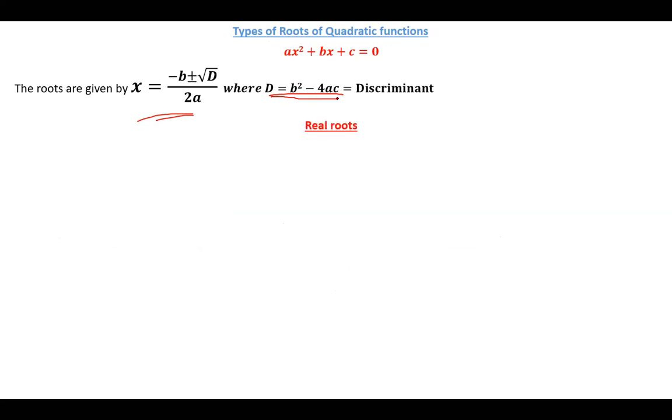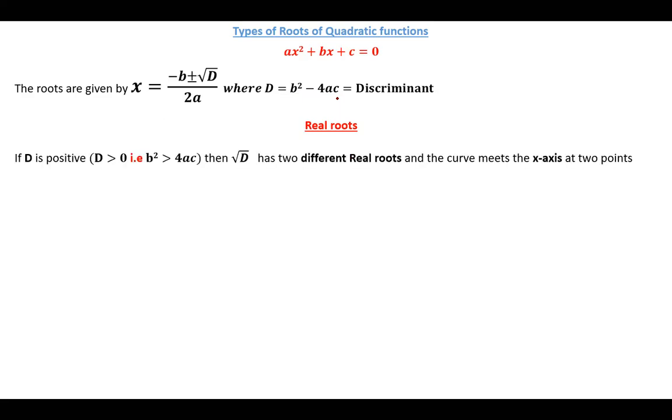And then the first type of root that we're going to discuss is the real roots. What are these real roots? When you discover that the discriminant is greater than 0, you have a positive discriminant.